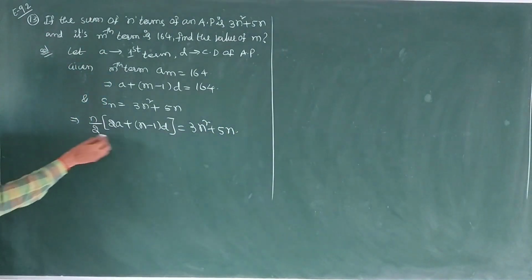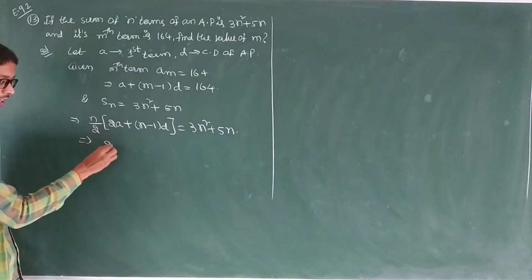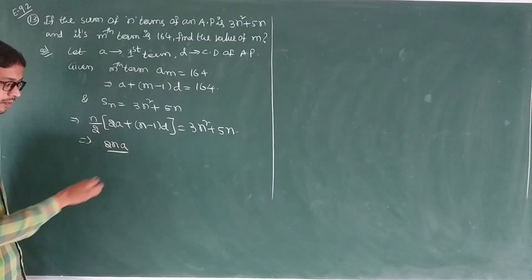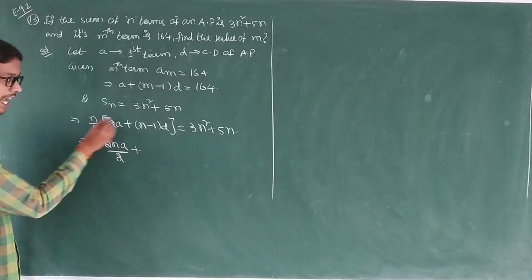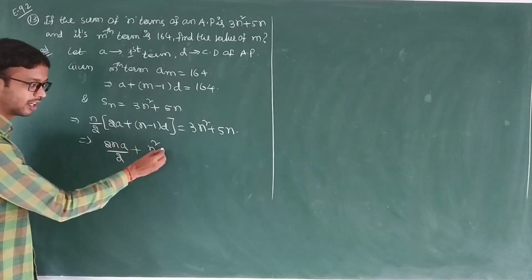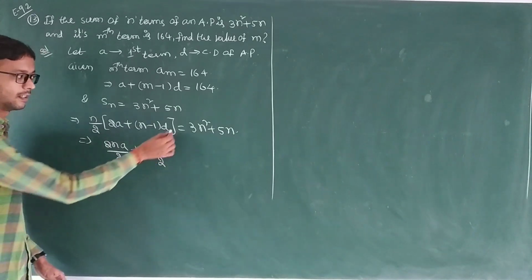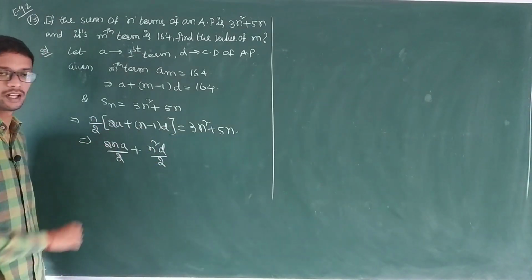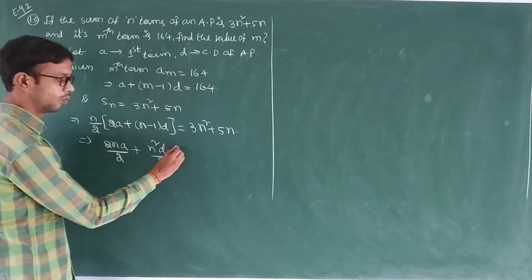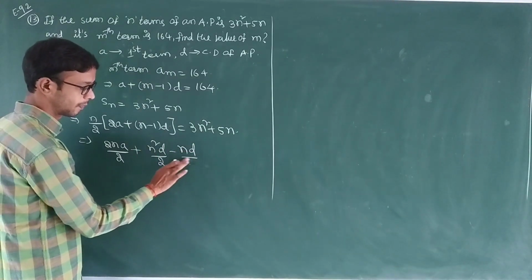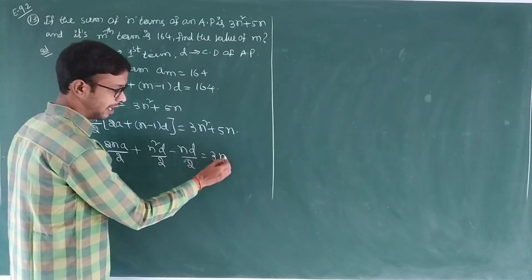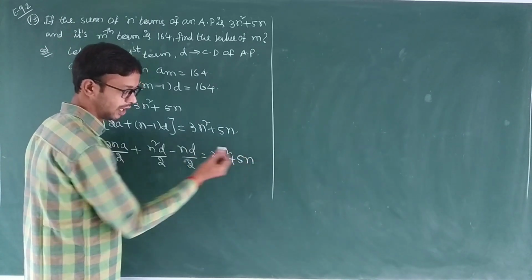So now I write here multiplication: 2na by 2, multiply inside, plus n into n, n²d by 2, d also multiply inside, n also multiply inside, n into 1 is nd by 2, equal to 3n² + 5n.